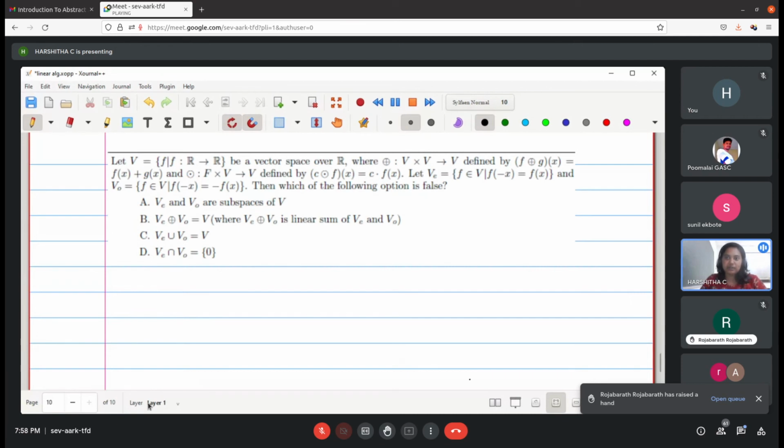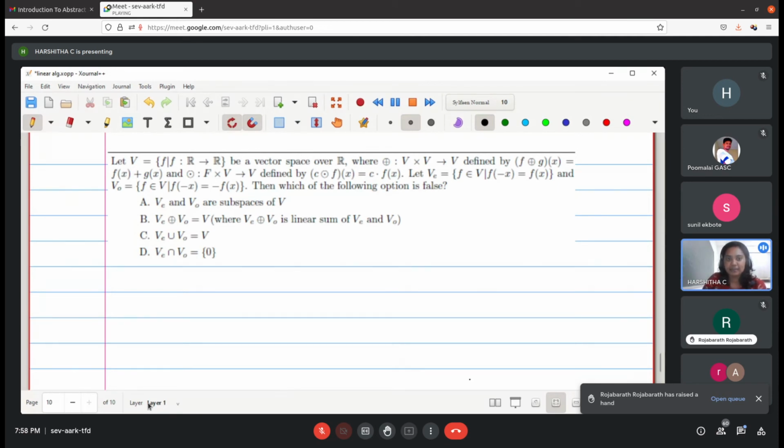You take two functions, what do you mean by sum? It should be a function again, so we have to specify its value at some real number x. We define it to be f of x plus g of x, where this plus just means addition in the real numbers.